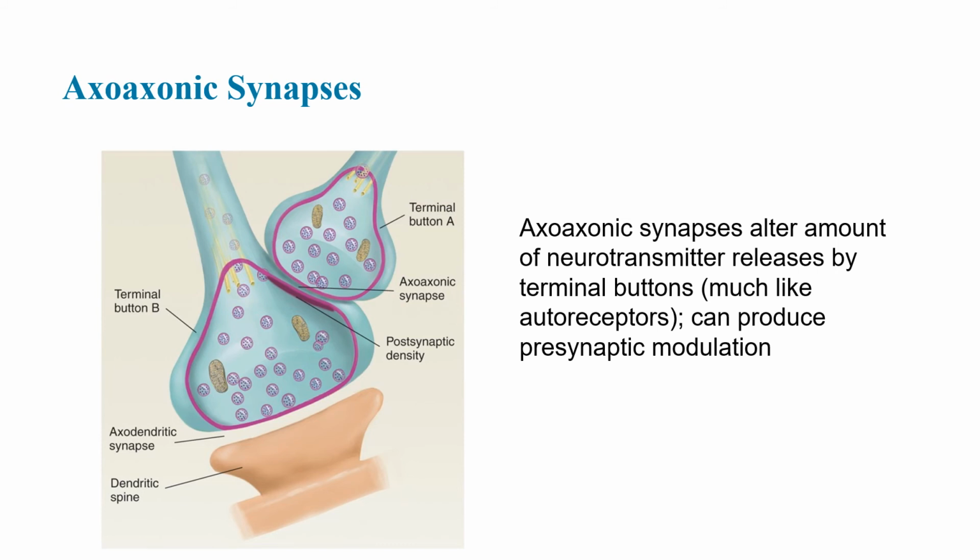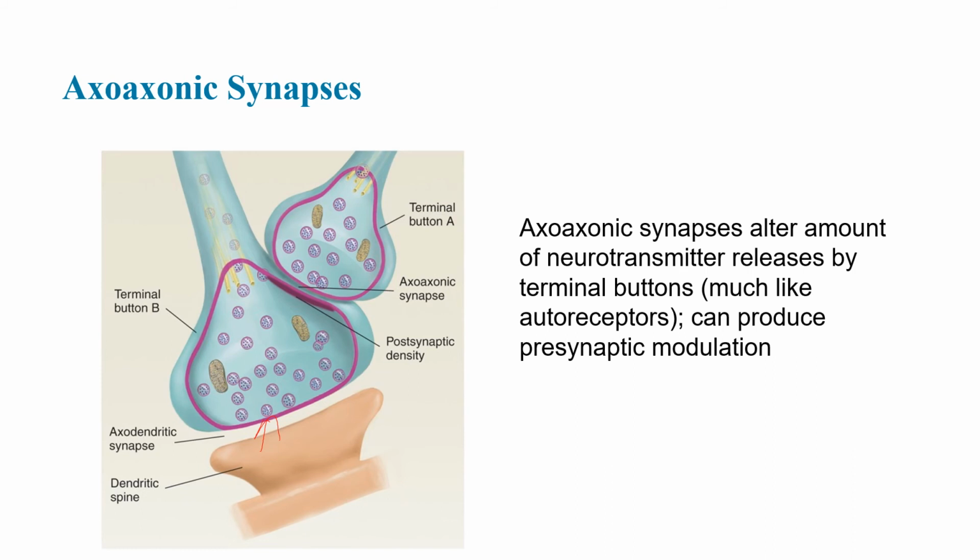They cause postsynaptic potentials that are inhibitory or excitatory in such a way that what they do is they modulate the presynaptic terminal of the terminal bud that they are touching.